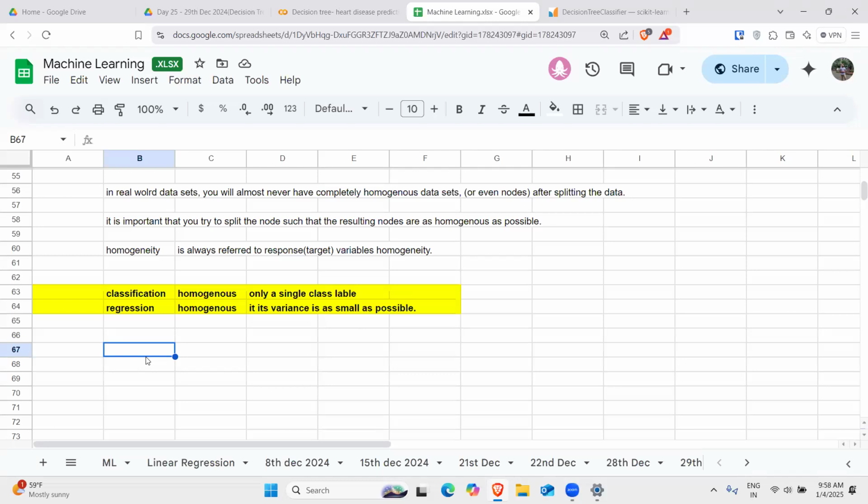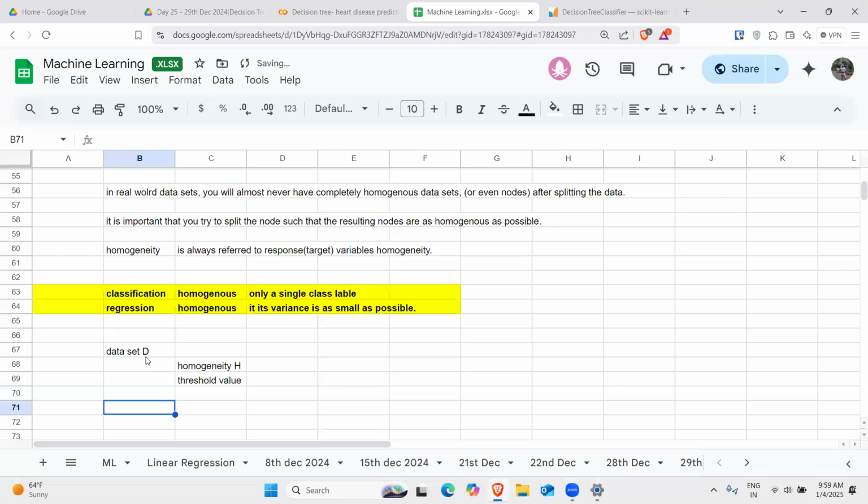Now let's take a look at the illustration given below to further understand homogeneity. Consider a dataset D with homogeneity H and a defined threshold value.